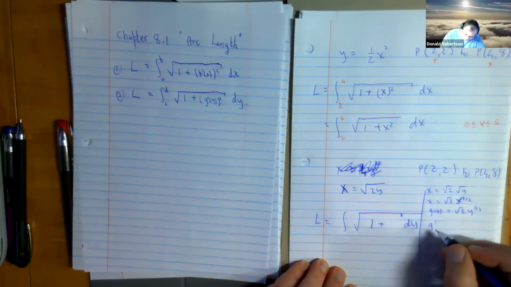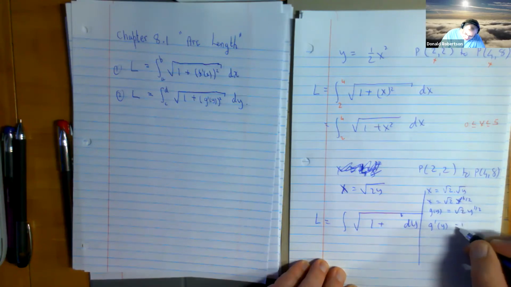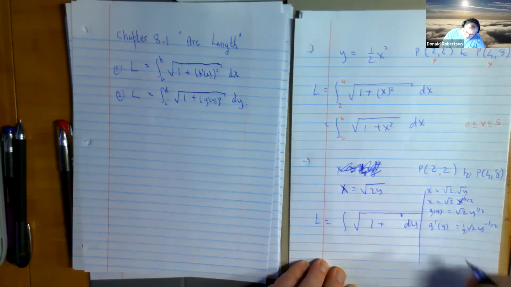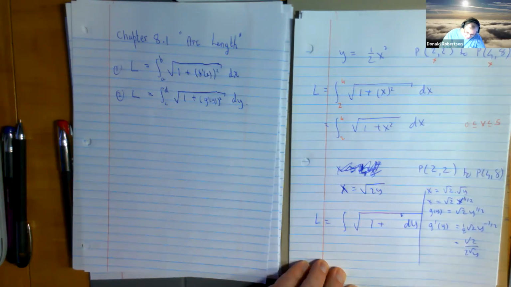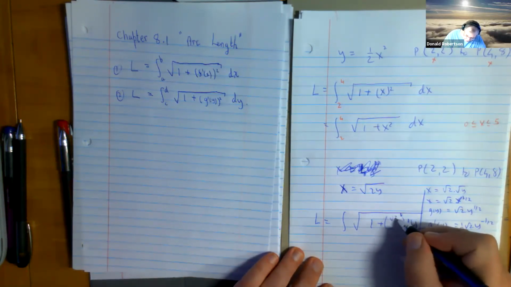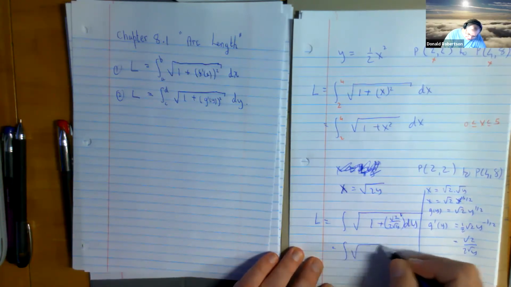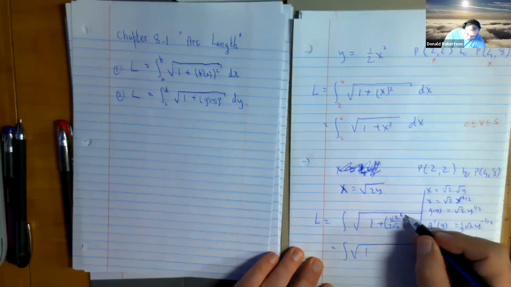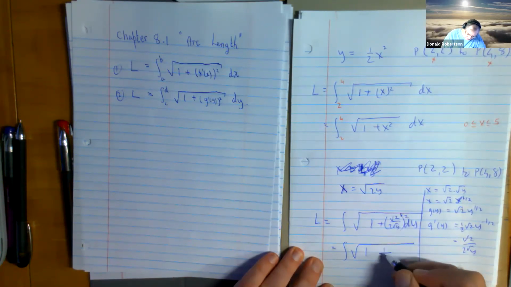And so its derivative, which is what's going to go in here, would be 1/2 root 2 times y to the negative half. And that would be root 2 over 2 square root of y. So you would go root 2 over 2 square root of y. Much uglier, but doable. That's 2, that's 4, so you get 2y, and you get that.